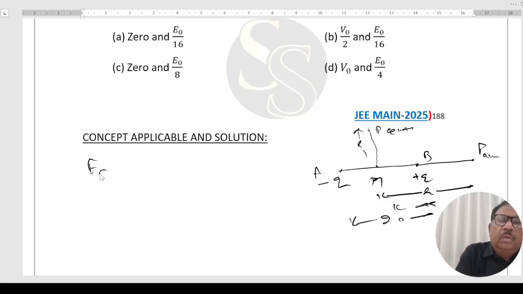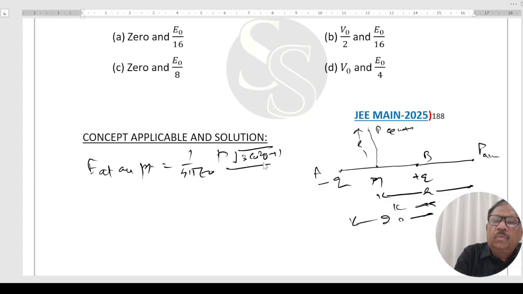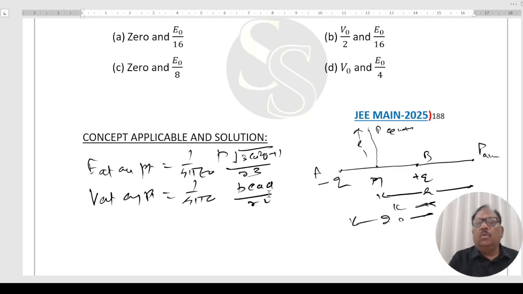E at any point is given by 1 over 4 pi epsilon naught P upon R cubed into square root of 3 cos square theta plus 1, and V at any point is given by 1 over 4 pi epsilon naught P cos theta upon R square. Now, case 1.